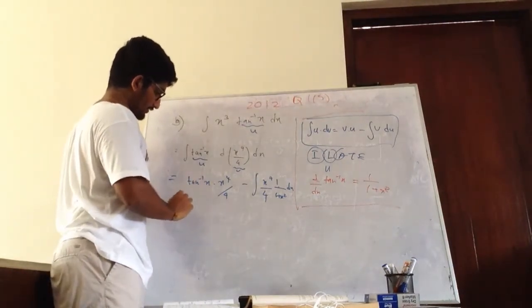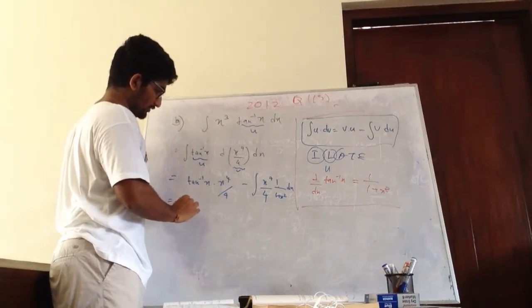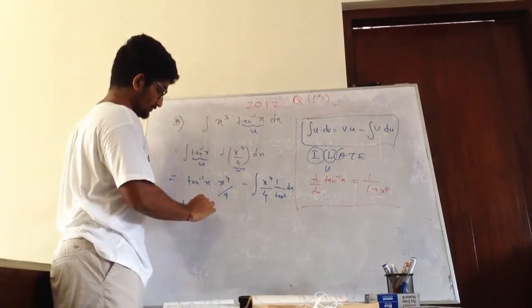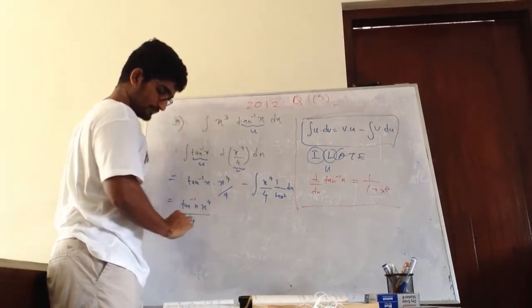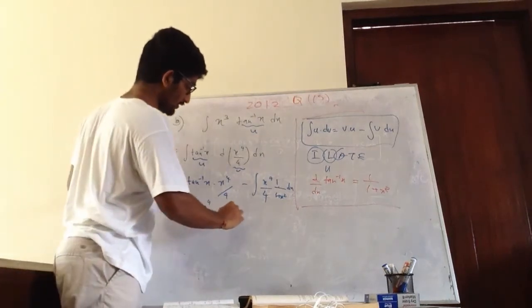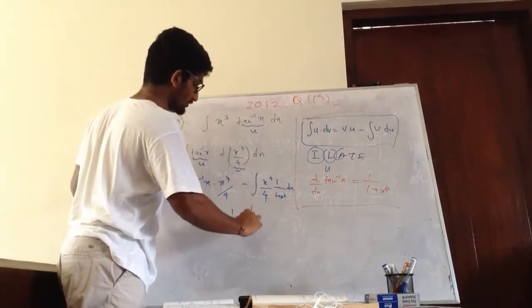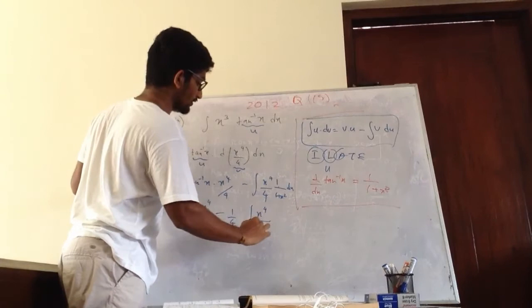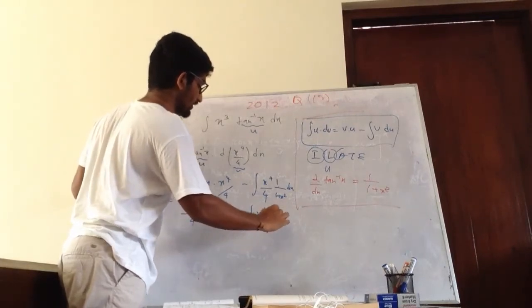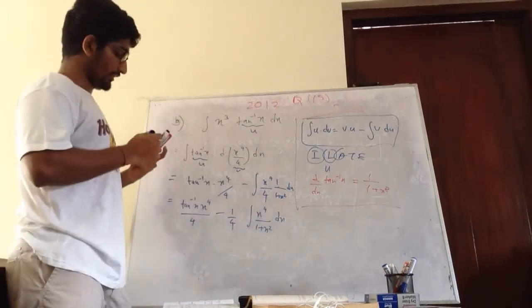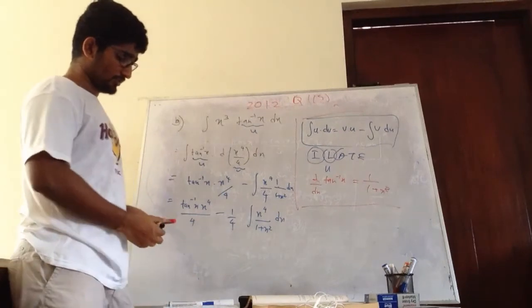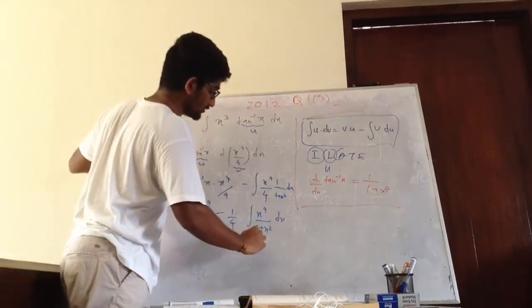So now these are all okay. I'm going to take 1 over 4 out. Then x⁴ over 1 plus x square dx. So I need to simplify this now.